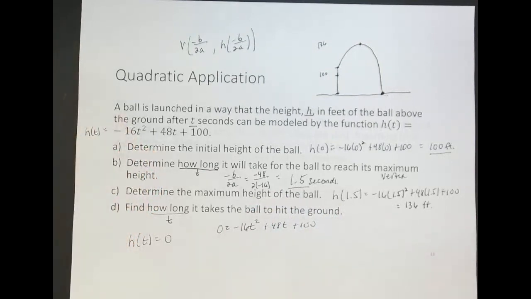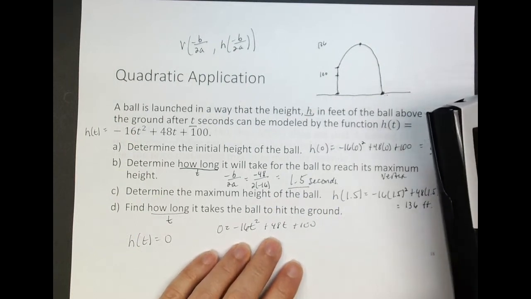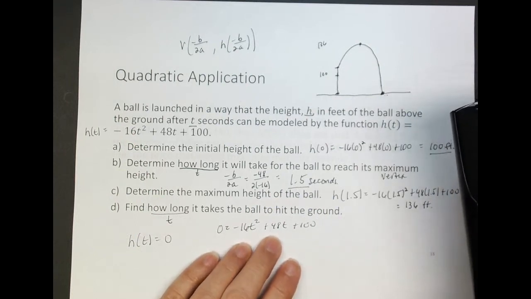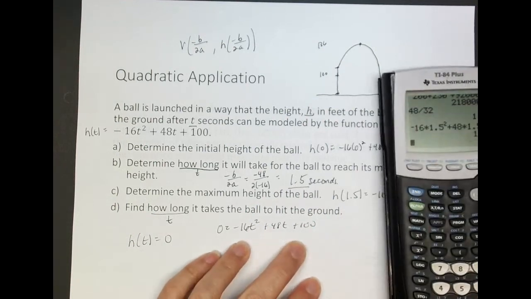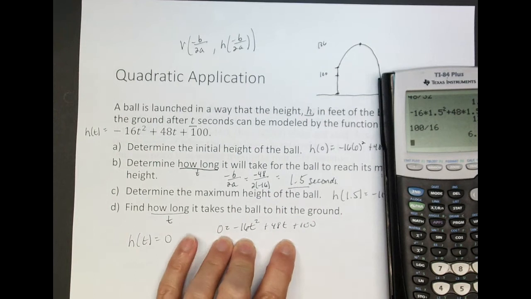I need to solve for t. I could just use the quadratic formula here, or I could factor, but 100 is not evenly divisible by 16. Factoring doesn't look like it's going to be fun. So I'm going to go ahead and use the quadratic formula.